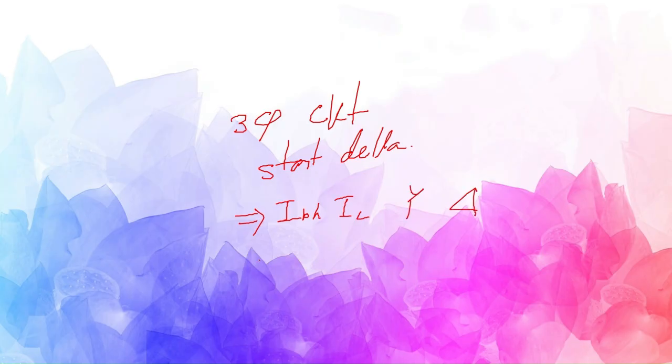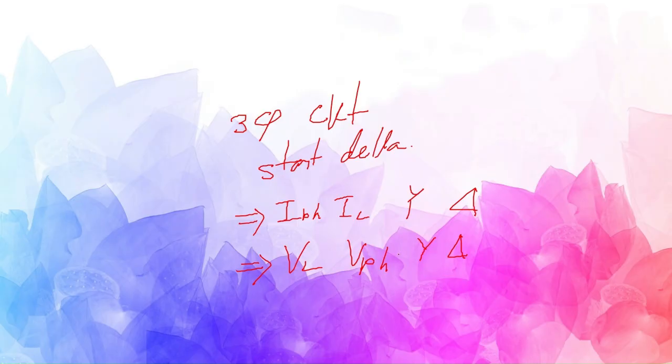We'll also understand the relationship between line voltage and phase voltage in case of star and in case of delta. So that is what we are going to understand today.